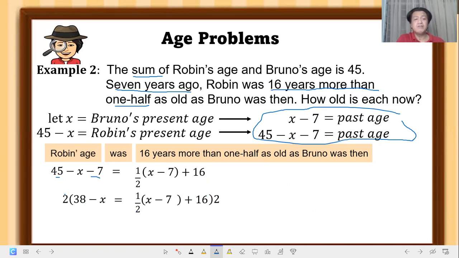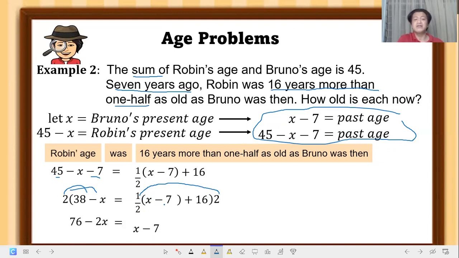Okay, then, multiply natin to. 2 times 38, that is 76. Then 2 times negative x, that is negative 2x. Okay, take note of this, no? What is 2 times 1/2? Diba? That is 2 divided by 2 na siya. 2 divided by 2, 1 na yon. 1 times x minus 7, kaya same pa rin yon.